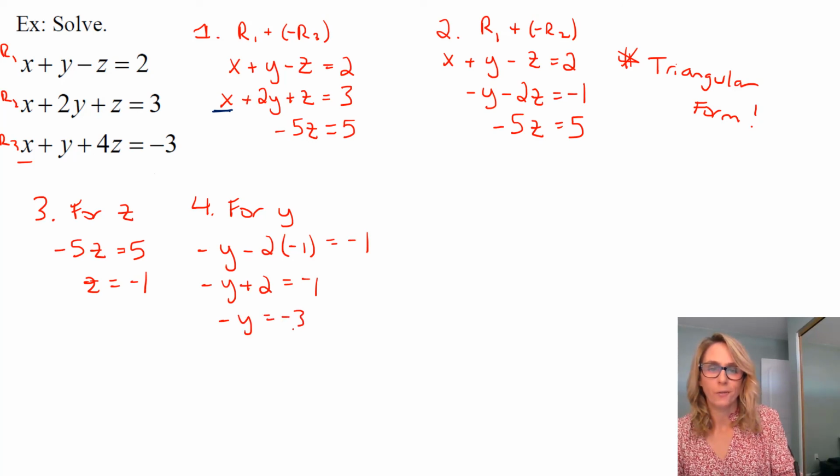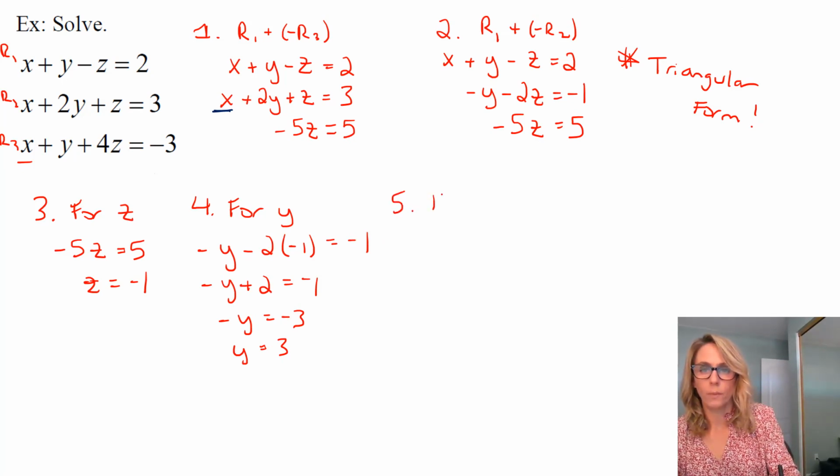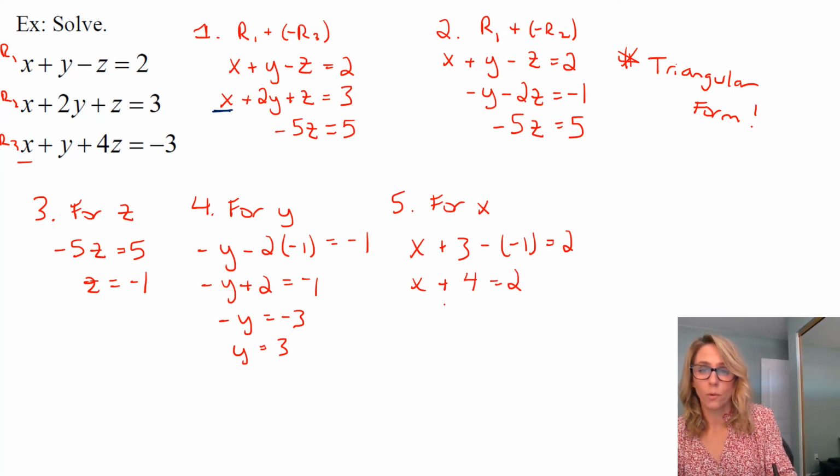Y equals -3, so y equals 3. And then the last step would be to solve back up for that x. We will have x plus 3 minus z equals 2. So x plus 4 equals 2, or x equals -2.